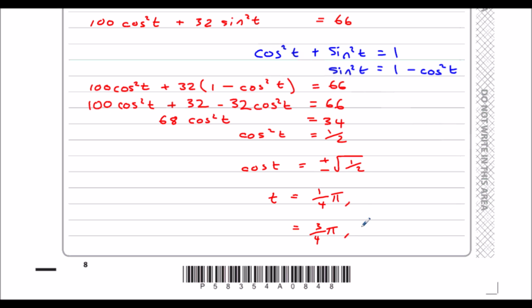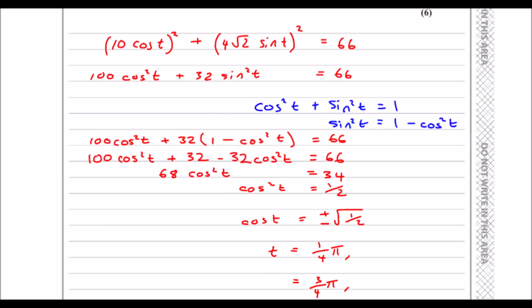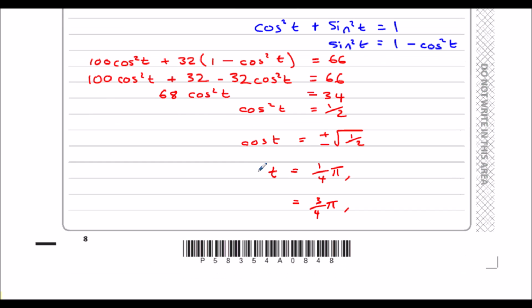Let's get the other answers for these. We want all the answers up to 2 pi. It's cos, so it would be 2 pi, so 360 degrees, minus the first answer. So 2 pi minus 1/4 pi is 7/4 pi, since 8/4 minus 1/4 is 7/4. And 8/4 minus 3/4 is 5/4.